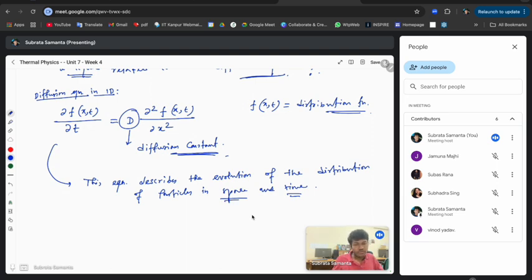So what is the solution, how does the distribution function look? For that we have to solve this equation.